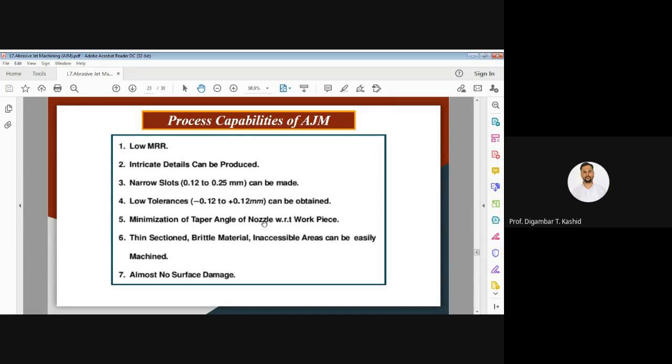In this abrasive jet machining process, the material removal rate is comparatively low as compared to many other advanced machining processes. The material removal rate is somewhere around 15 cubic mm per minute.